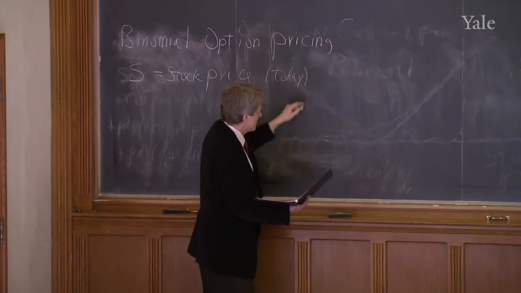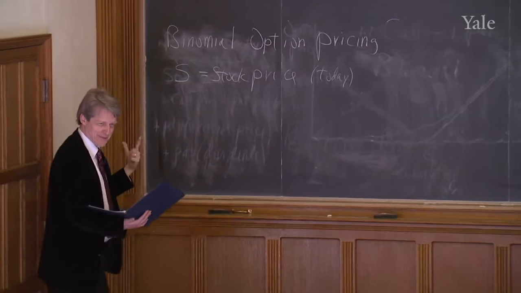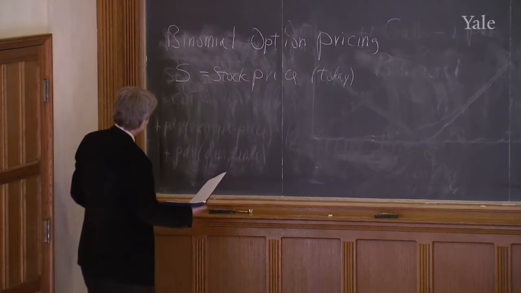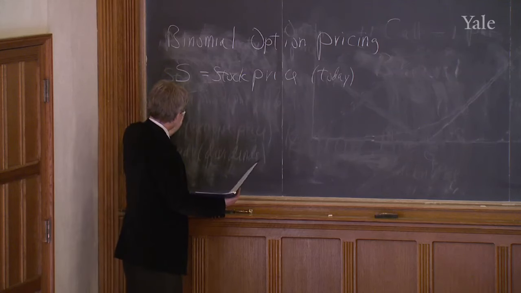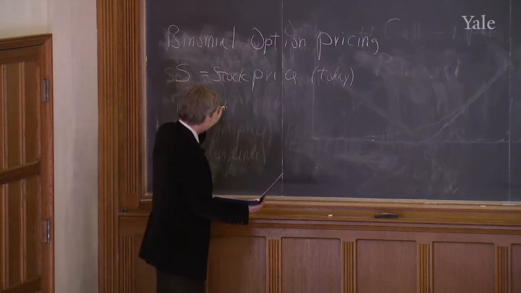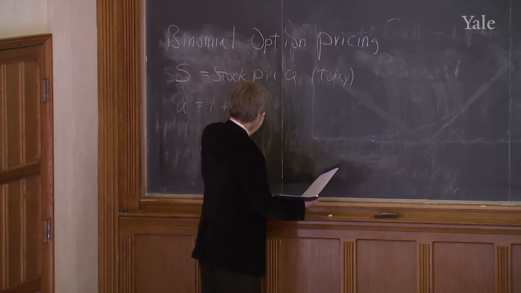And this is also a simple world in that there's only one day. The option expires tomorrow. There's only one more price we're going to see. So the stock is either going to go up or down. So U is equal to 1 plus the fraction up. U stands for up.